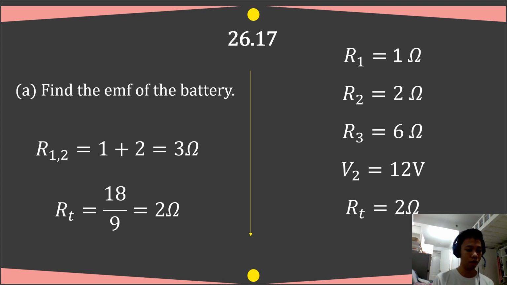Since they're connected in series, you just add them up and you're going to get 3 ohms. For the total resistance, you use the V equals IR formula, substitute the given values, and you're going to get 18 over 9 is equal to 2 ohms.